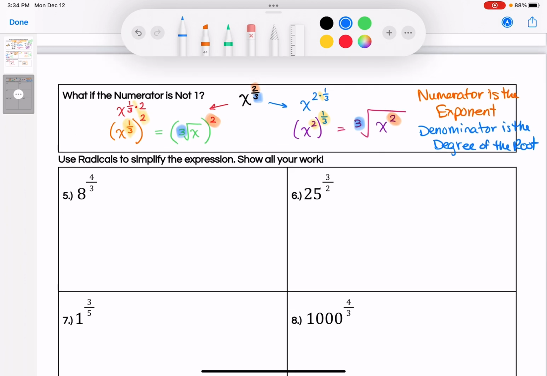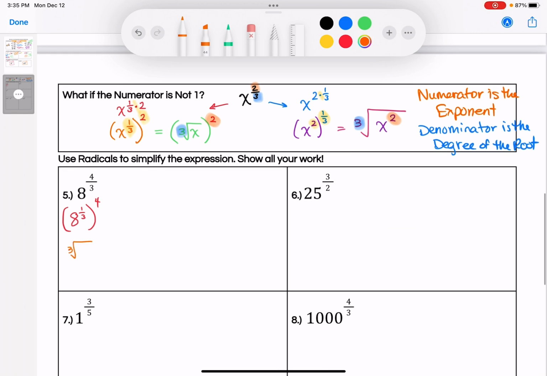So 8 to the 4/3 power, right? So that could mean that I have 8 to the 1/3 power raised to the 4th. So I could put that fraction inside the parentheses, which would mean 8 to the 1/3 power is really the 3rd root of 8, still raised to the 4th, right? And keep that in red so you can kind of see how that's going.